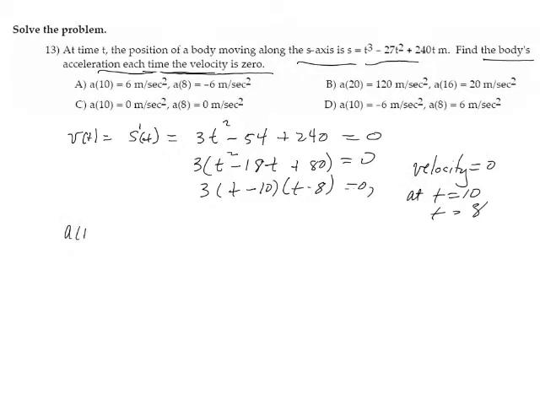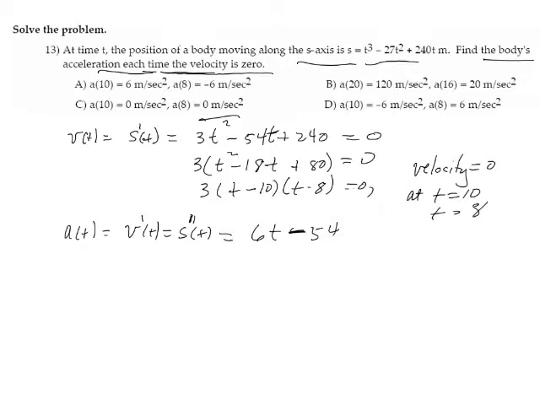Well, the acceleration is equal to the derivative of the velocity, which is the second derivative of the position. So we need to calculate the second derivative, which is 6t. By the way, guys, I left a t out right here. So the derivative of the velocity would be 6t minus 54.